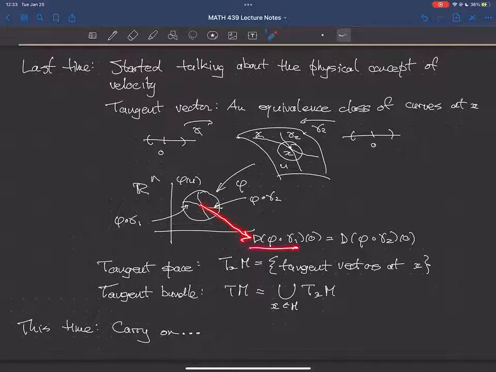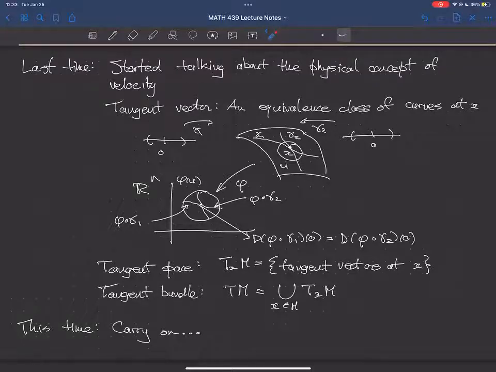Equivalence of these two curves means that they have the same derivative at time 0. So a tangent vector was an equivalence class under this equivalence relation, so that when you represent the two curves in a coordinate chart, the standard vector calculus tangent vectors agree.